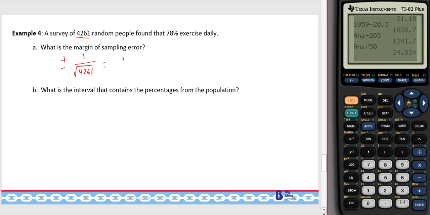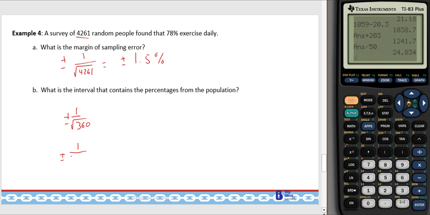That's going to give you plus or minus 1.5%. Okay, and so you can work through the rest of these, and you're going to see in example 5, your survey size is going to go down to 360, and then in example 6, it's going to go all the way down to 38.